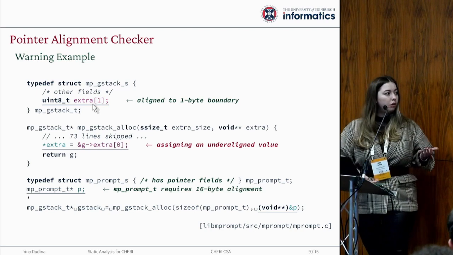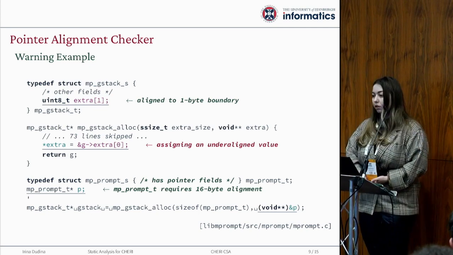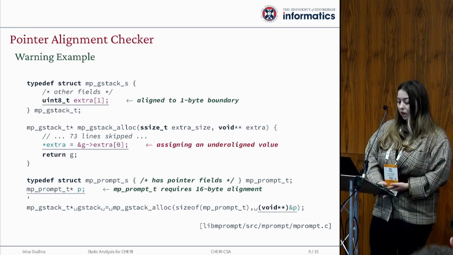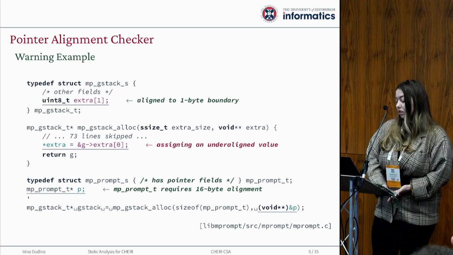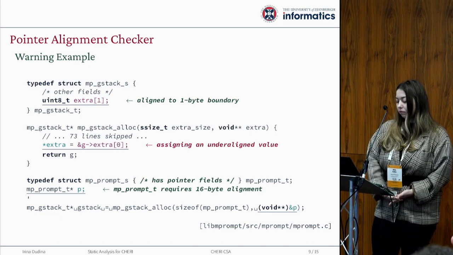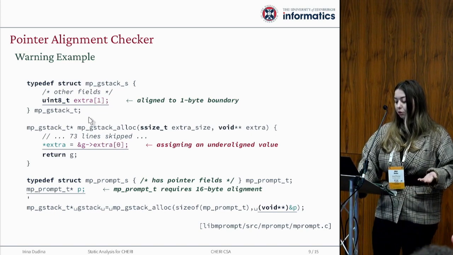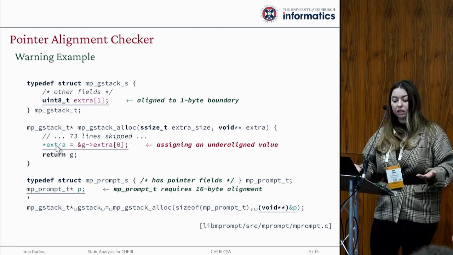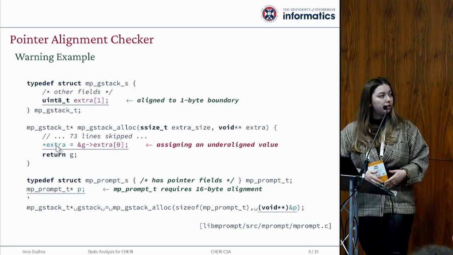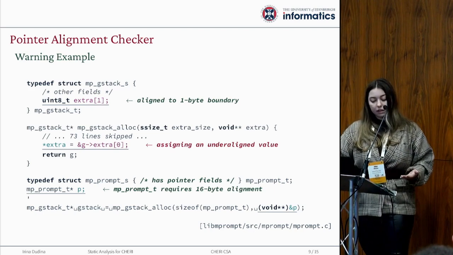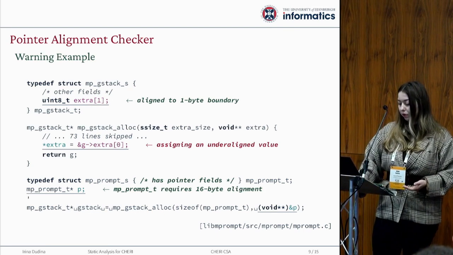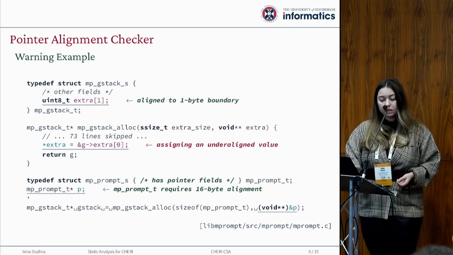So this code actually crashes on Morello, and yeah, it's not obvious. It crashes when you're trying to use this memory, so it's not very easy to immediately understand what's going on to fix this. So this is detected by the static analyzer.